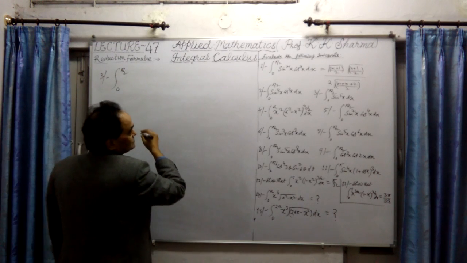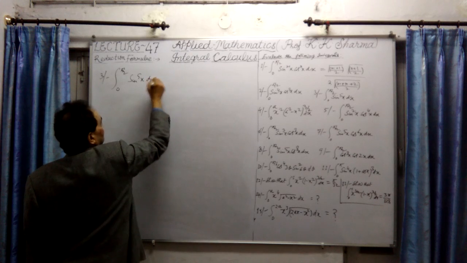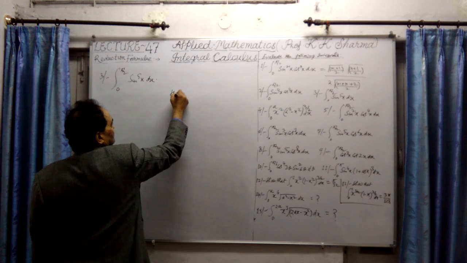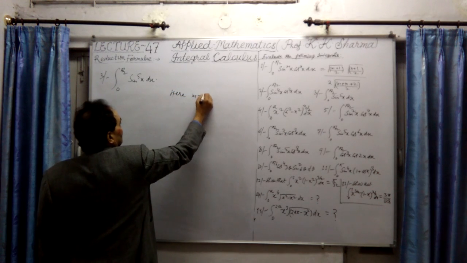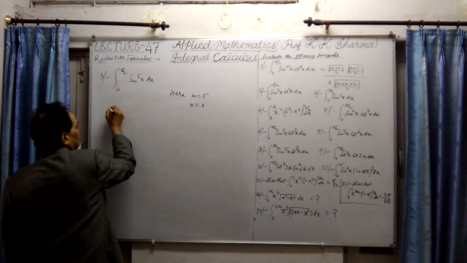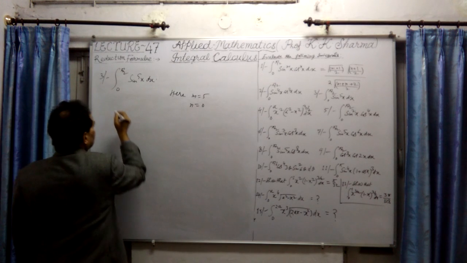Alright, this is sin 5x into dx. Now here m equal to 5, n equal to 0. What is this value by applying the gamma function?